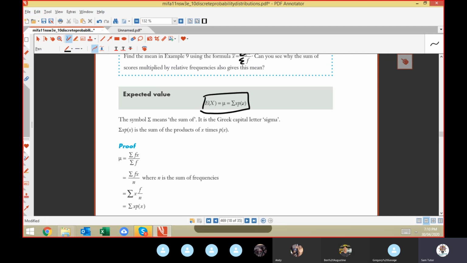E of x, which is mu, is equal to the sum of your scores multiplied by the probability of the score. That gives you the expected value or your mean.